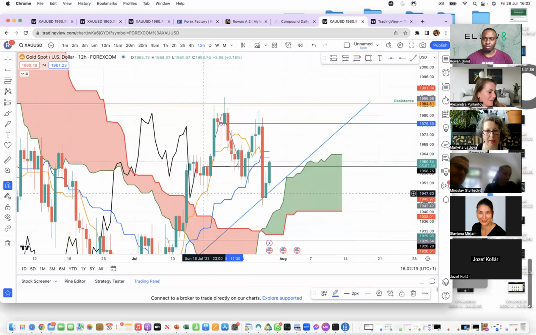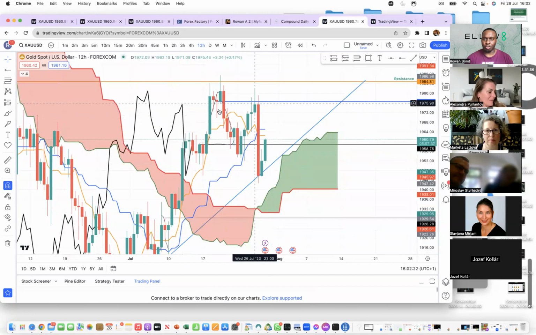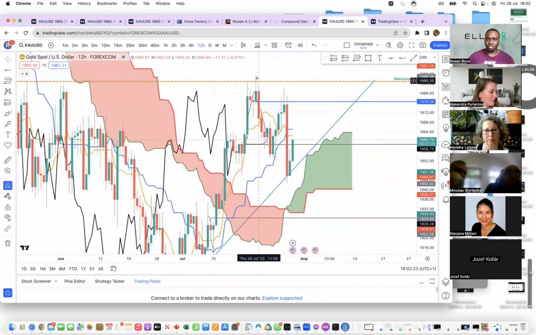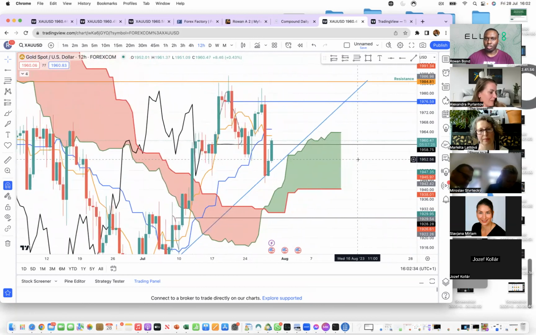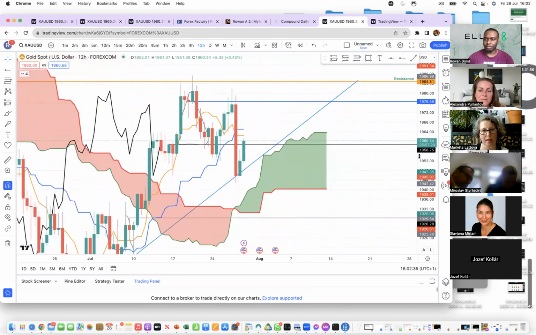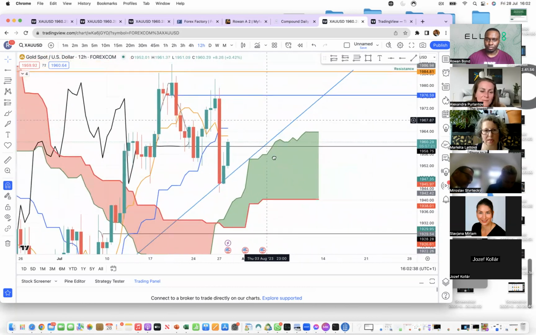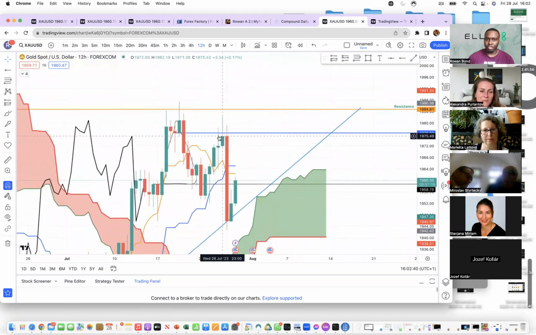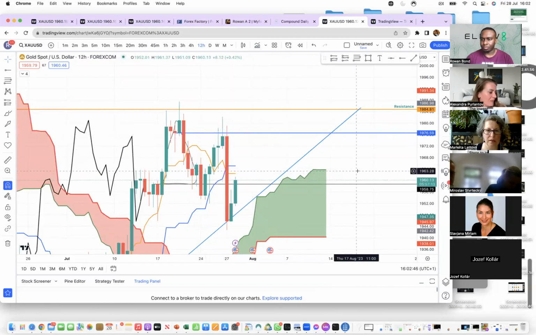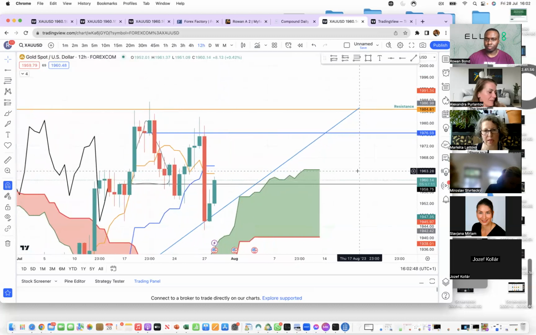Okay. Even though we were in an uptrend, it came to a resistance zone, the orange line. How do you know when there's a lot of resistance? The price starts to wick and leave wicks like this.